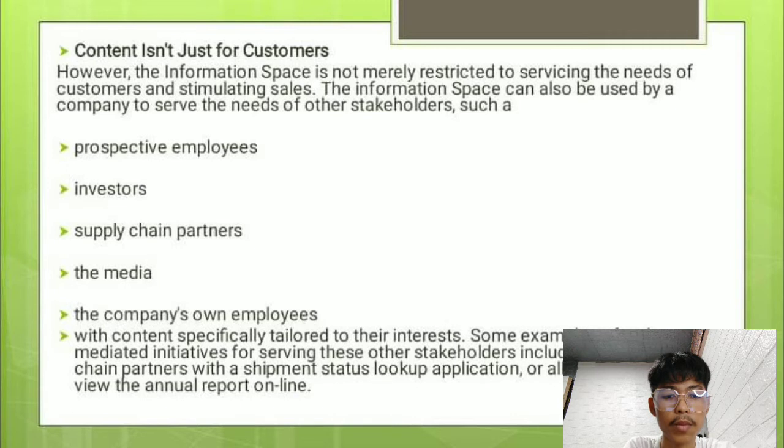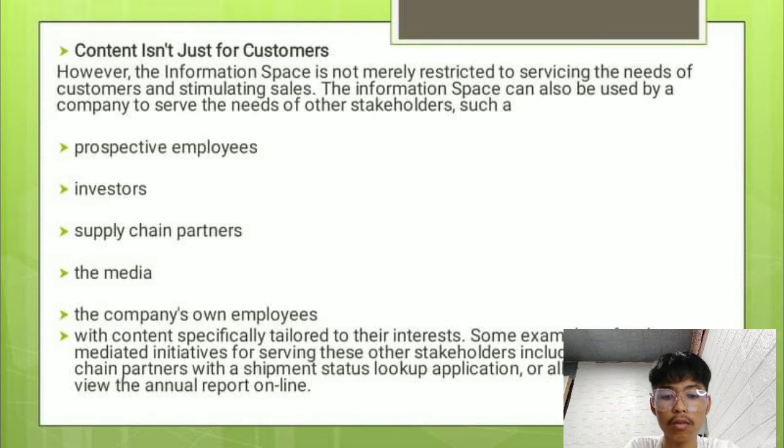The information space can also be used by a company to serve the needs of its stakeholders, such as prospective employees, investors, supply chain partners, the media, and company-owned employees, with content specifically tailored to their interest.